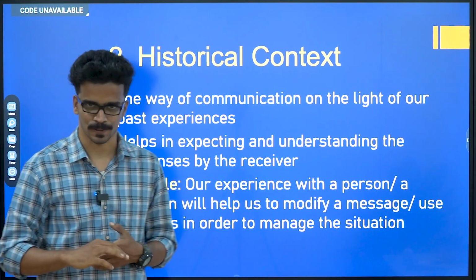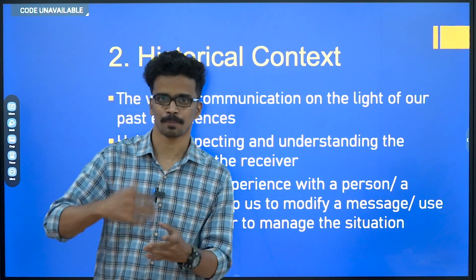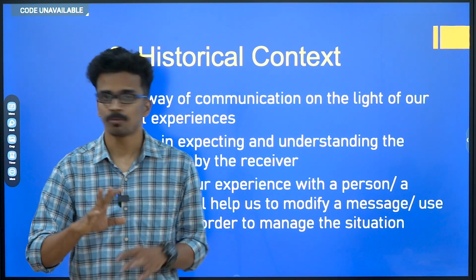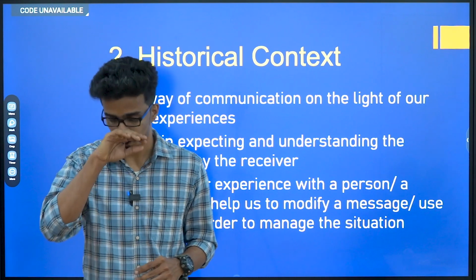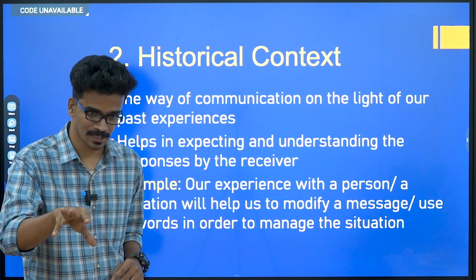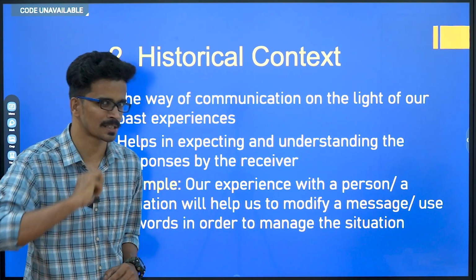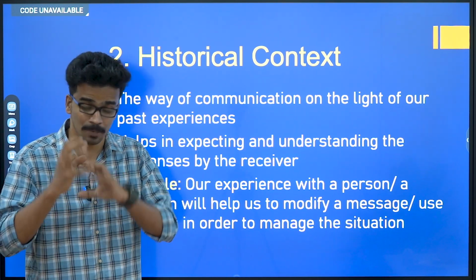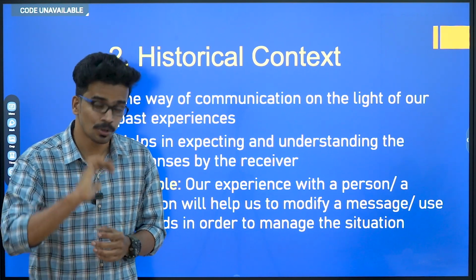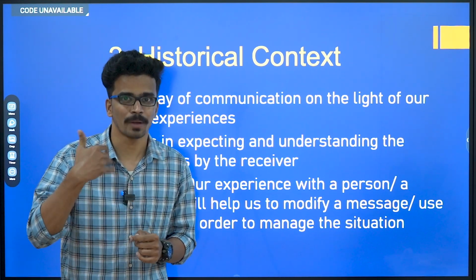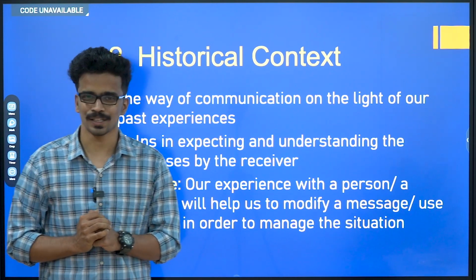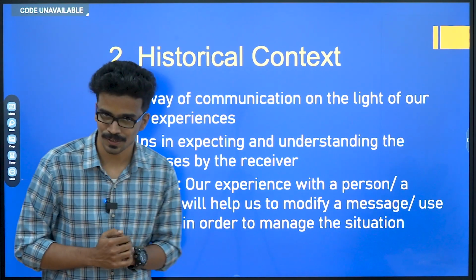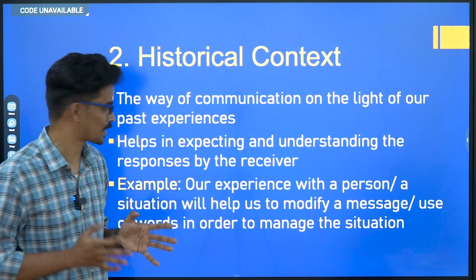Similarly, in a communication process, if we have an experience with a person or a situation in our lifetime, we will definitely modify the message. You know what this person can understand, to how much extent this person can grasp things, how this person will interpret your ways of communication or the things that you might say. All these things will definitely make us modify the message, and we will definitely have expectations.